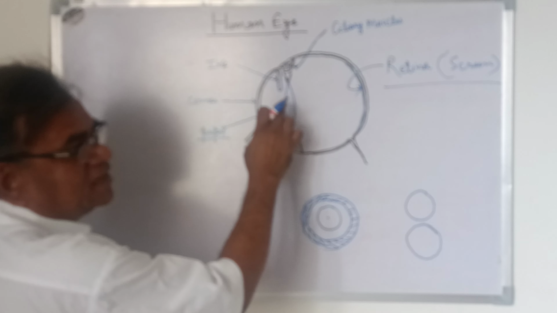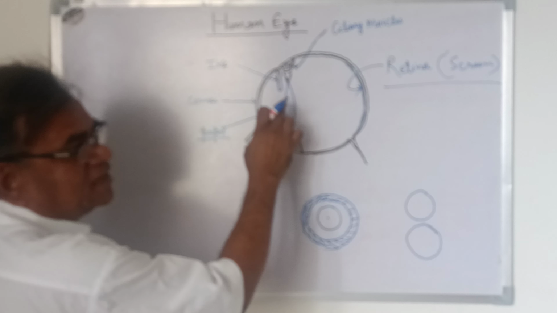Now take a ray starting from this point of the object, parallel to the principal axis. You have read it: after passing through the lens it is refracted and passes through this focus. Take another ray through the optical center C, which will cut here, somewhere here. This is A dash, B dash.